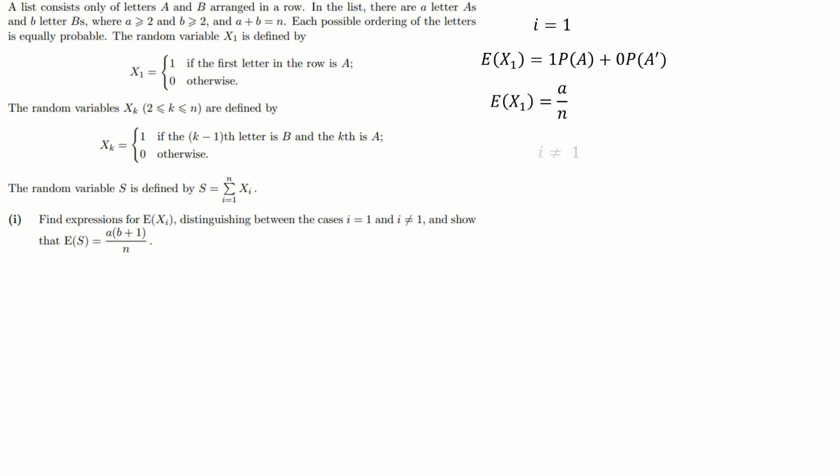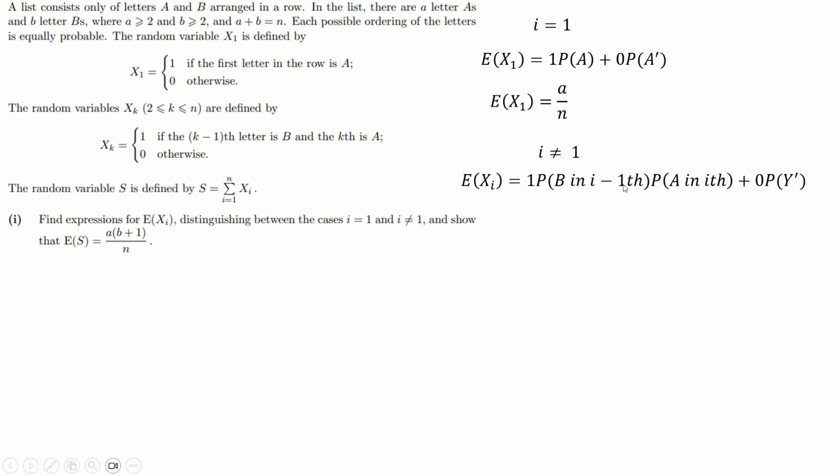Now, for the others, you need a couple of things to be true. As we were saying before, you need the ith to be an A and the previous one to be a B. And it's going to be 0 if anything other than this is happening. I've done some more lazy notation here. It's 1 if this is happening and 0 otherwise. So what's the probability of having B in the (i minus 1)th position?